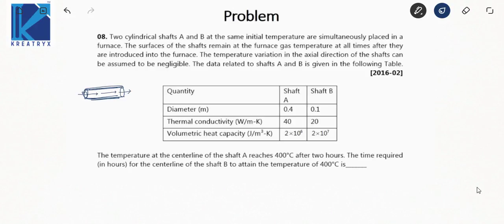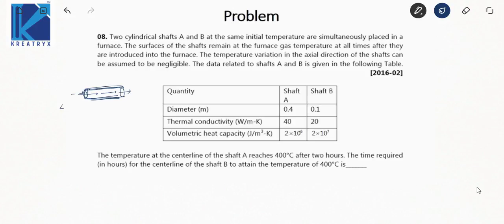The data related to shafts A and B is given in the following table. Diameter is given, thermal conductivity of A and B is given, volumetric heat capacity is also given. The temperature at the center line of the shaft A reaches 400 degrees Celsius after 2 hours.